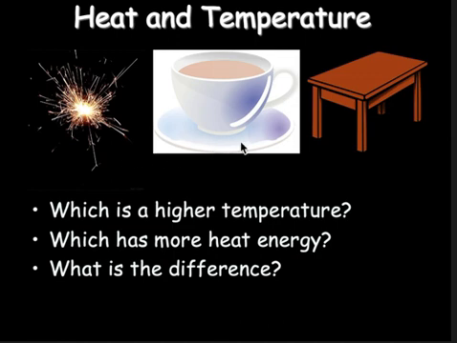A cup of tea, although it's hotter than the table, is fairly small. A table would have lots and lots more particles than a cup of tea or an individual sparkle off a sparkler. So although the table is going to be the coolest, it's going to have the most heat energy.